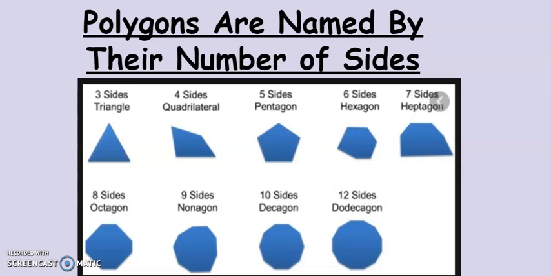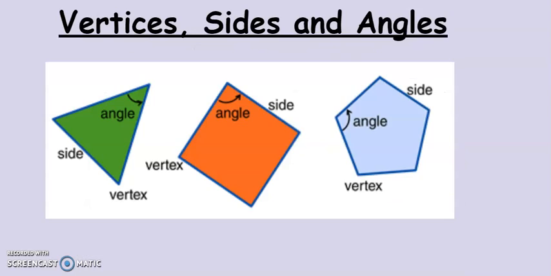So one of the most important things to decide what a polygon is called is to count the sides. But when we're talking about polygons, we also sometimes have to count a couple of other things. We have these things called vertices and angles. Let's start with this figure. We can count the sides easily. 1, 2, 3. 3 sides makes me think it's a triangle. I can also count these things called vertices.